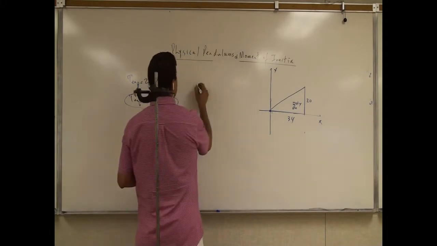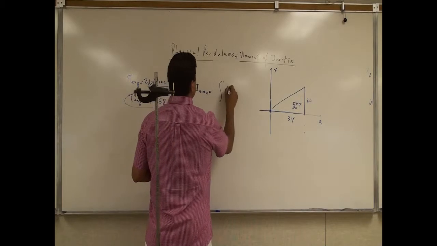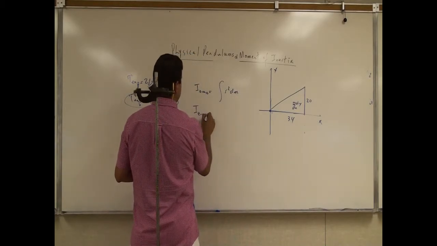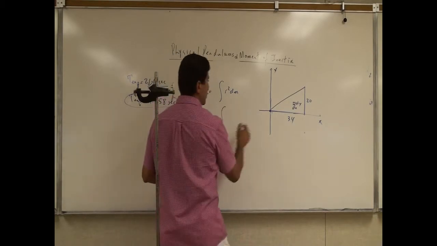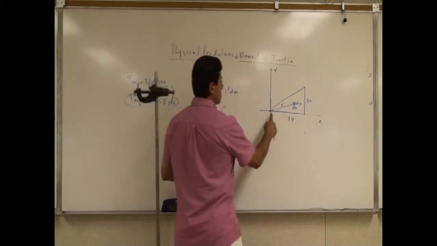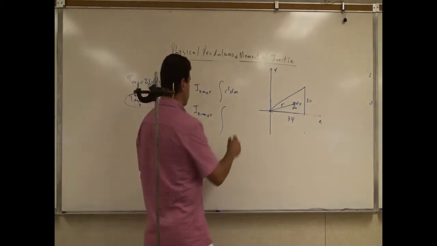So how is that going to be? The moment of inertia about the z-axis, right? Integral r squared dm. Okay, so then what's my r squared? The r squared is the distance from here to here, right? This is r, so that's going to be x squared plus y squared, right?